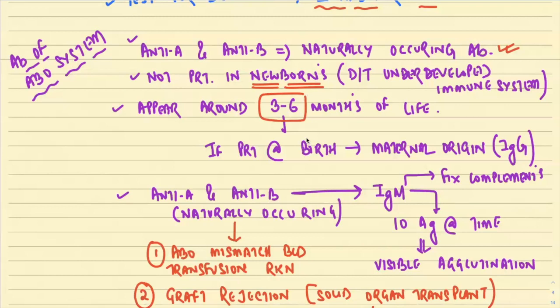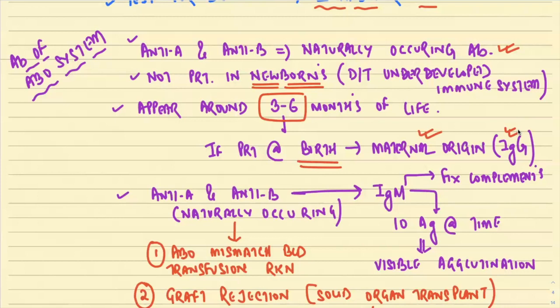Now remember, if any antibody, that is anti-A or anti-B, is present at birth, then this antibody is of maternal origin. And since it has crossed the placenta, therefore it is of IgG nature.